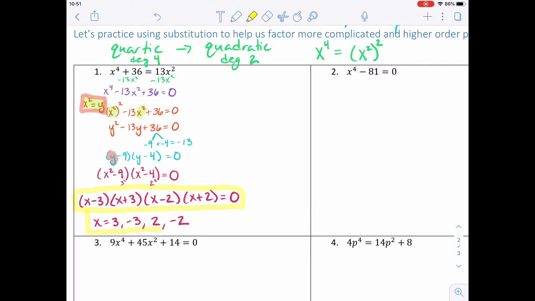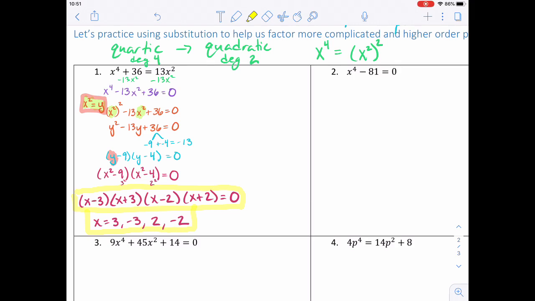So we get 4 solutions for a degree 4. Hopefully you're starting to notice a very distinct pattern between the number of solutions we get and the degree of our polynomial. We'll talk more about that later, but that's called the fundamental theorem of algebra, and it will always hold true.